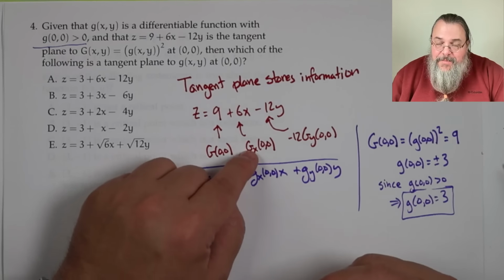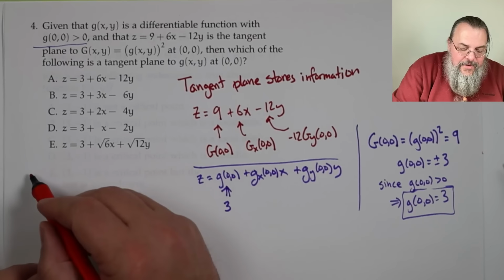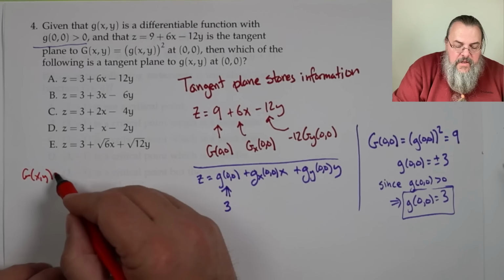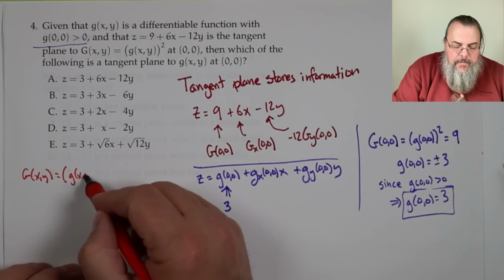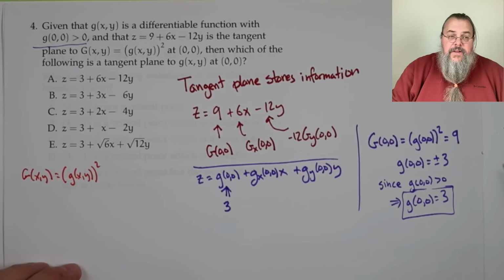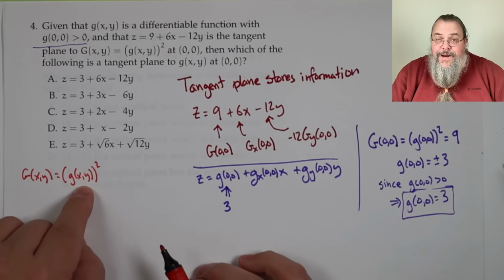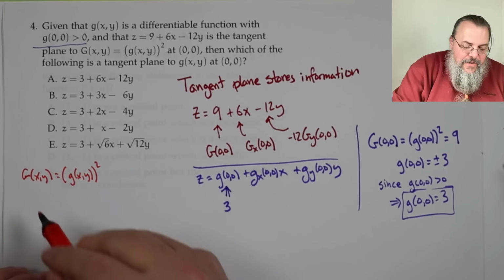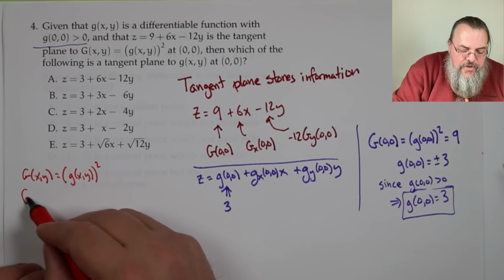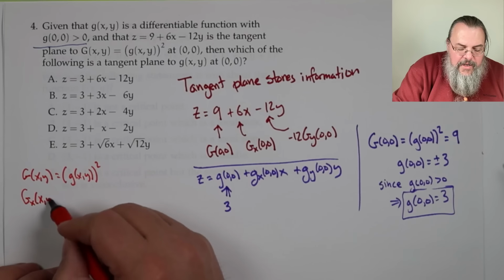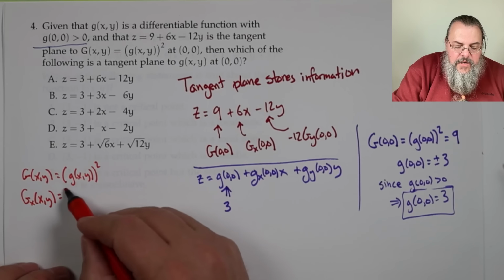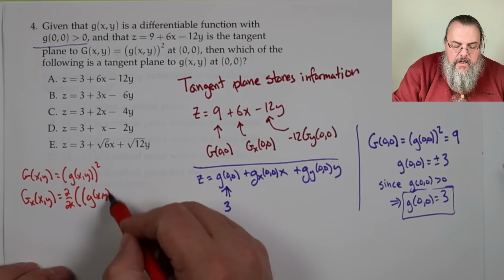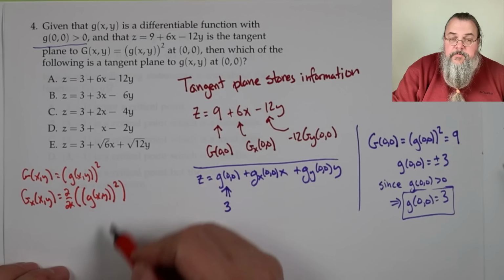Let's take g sub x at 0, 0. In particular, we know capital G of x, y is little g of x comma y squared. So we have the function g of x, y inside the square function, a function in a function. So what would capital G sub x look like? Well, we're taking the derivative with respect to x of g of x, y squared.